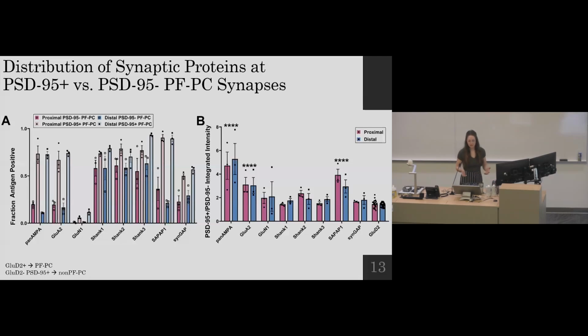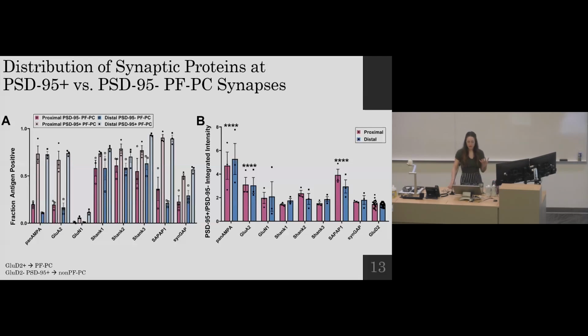A three-way ANOVA showed significant differences between antigens, as well as between PSD95 negative and PSD95 positive parallel fiber to Purkinje cell synapses, but did not show significant differences between the proximal and distal regions. And in the second graph here as well, I showed the ratio of PSD95 positive to PSD95 negative integrated intensity.